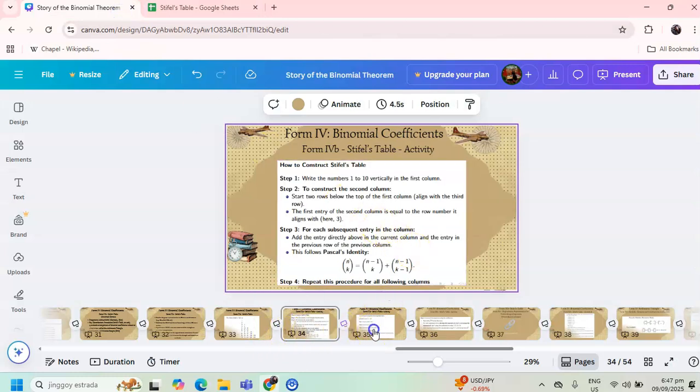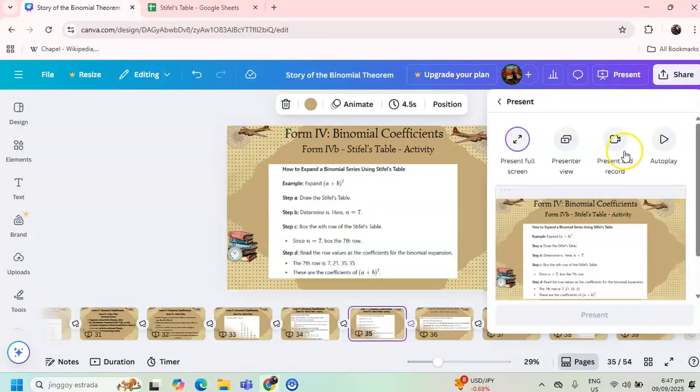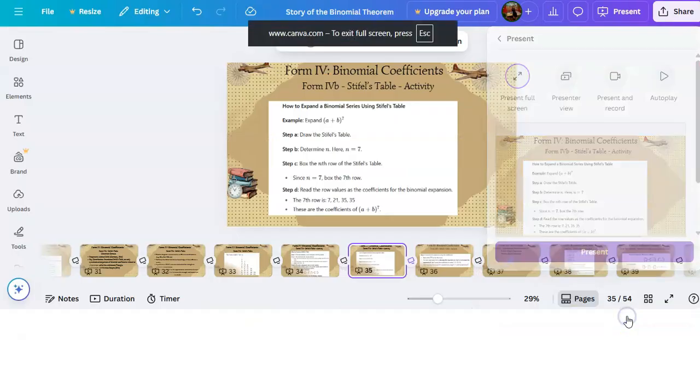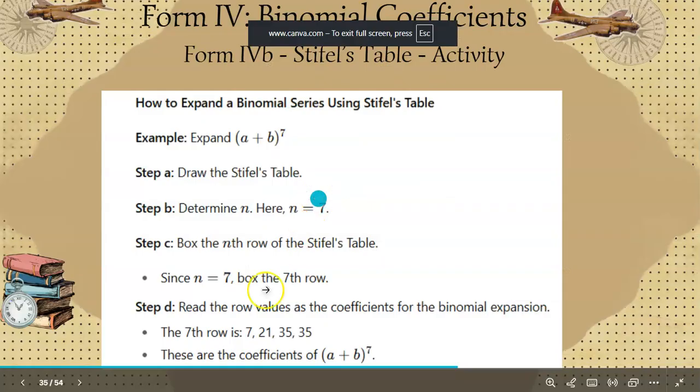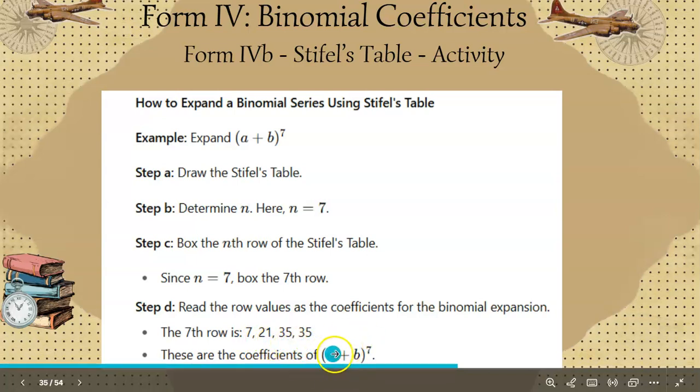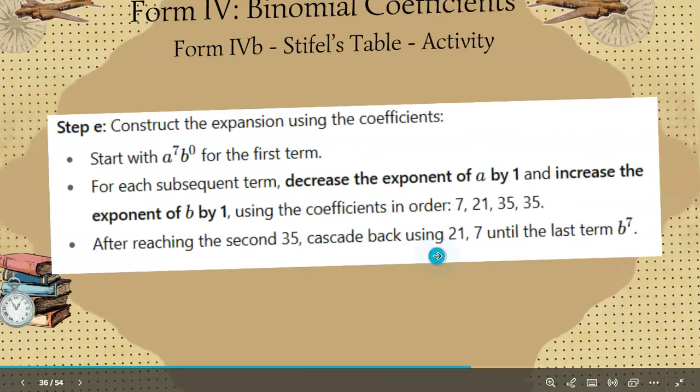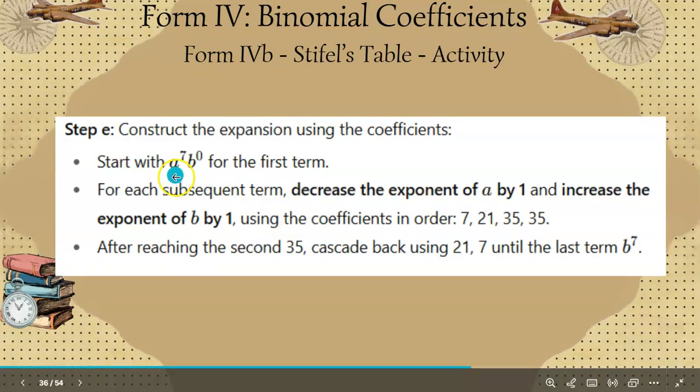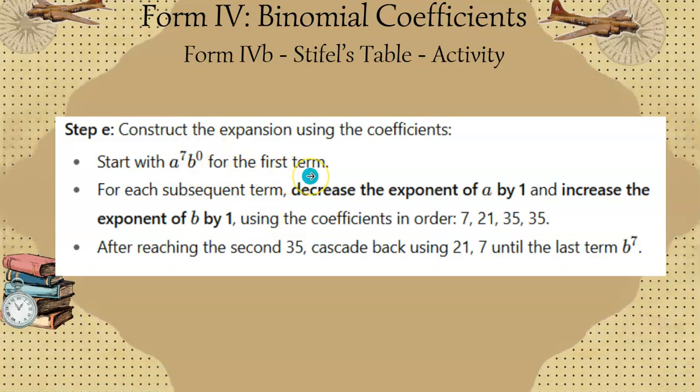Okay? So let's see here. And so the 7th row is 7, 21, 35, 35. So these are the coefficients for the expansion of a plus b raised to the power 7. And we start with a^7, b^0 for the first term.